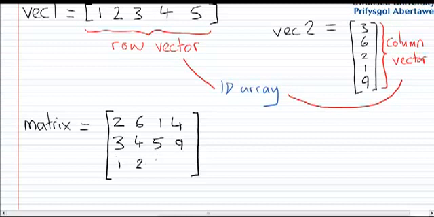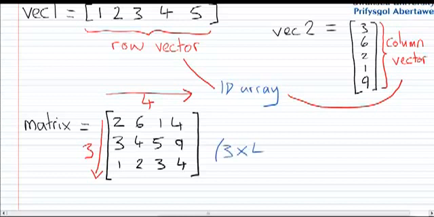Let's just put 1, 2, 3, 4 in the bottom row of this array. So we could think of this matrix here as being a 3 by 4 matrix. It has 3 rows in this direction and 4 columns in this direction. So we would refer to this as being a 3 by 4 matrix.